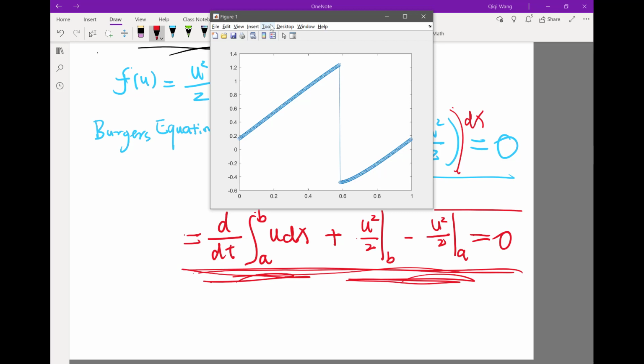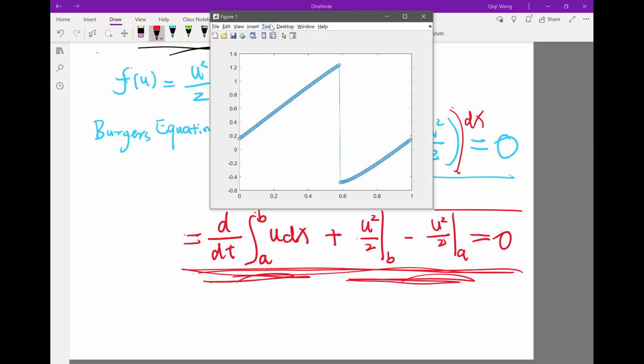Suddenly it jumps from above the shockwave and falls down to underneath the shockwave, or it goes the other way. But if you integrate the solution over any non-zero interval, as the shockwave moves through, the integral increases in a continuous manner.